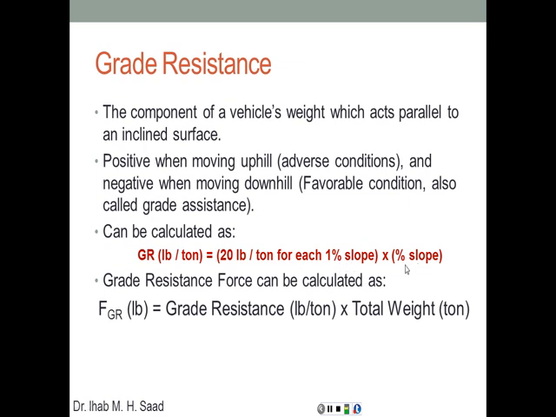So if the grade is 5%, moving uphill by 5% is going to be 20 pounds per ton for each 1%, which is 20 pounds per ton times 5, which means we're going to have a grade resistance of 100 pounds per ton. If the weight of the equipment is 20 tons, again, 100 pounds per ton, which is 20 times 5 times 20, that's going to give you the total grade resistance force.